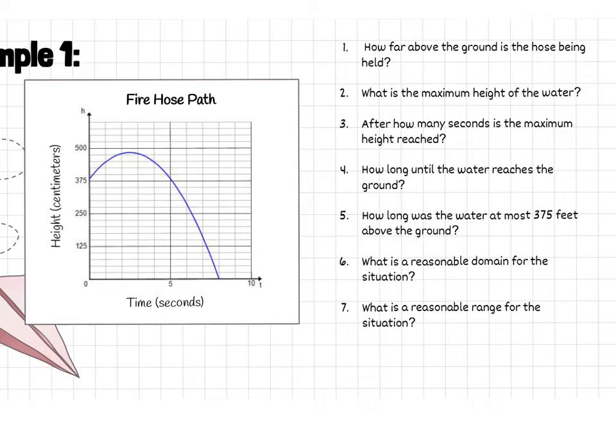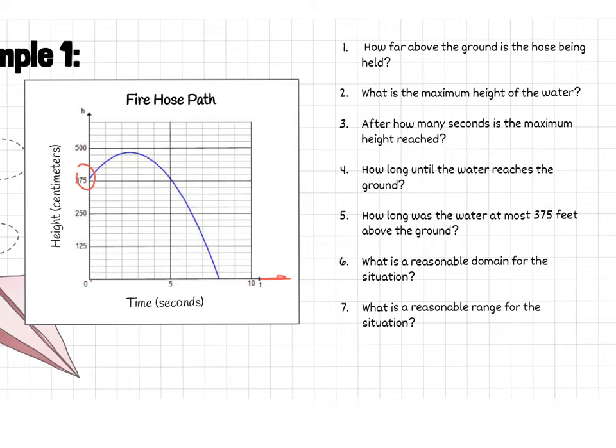So, how far above the ground is the hose being held? So that's going to be my y-intercept, okay, because here's time 0. So this is the distance, the height, and this would be the ground here, right? So it's right here. So I think we can say 375 centimeters, which actually I did check, it's about 12 feet.